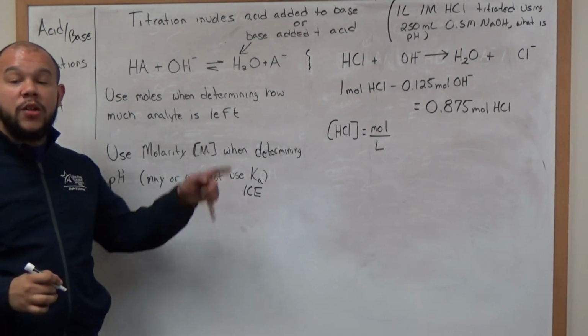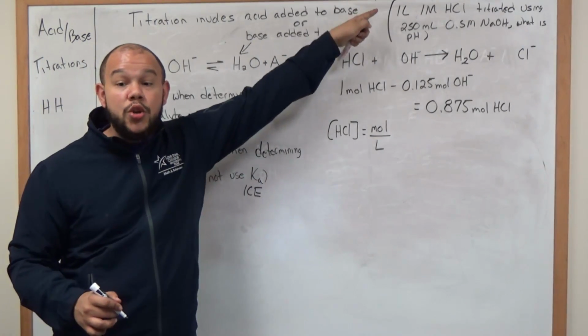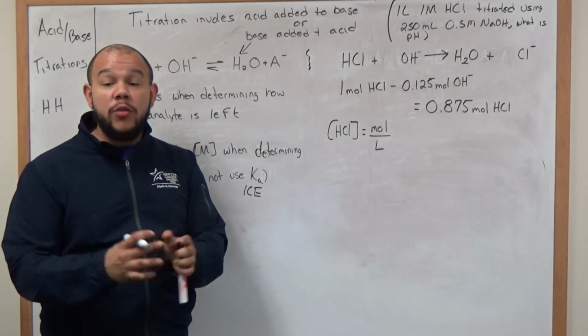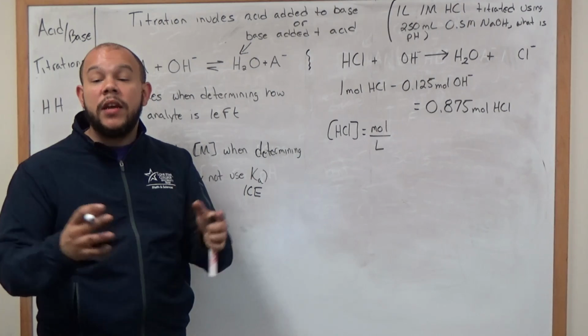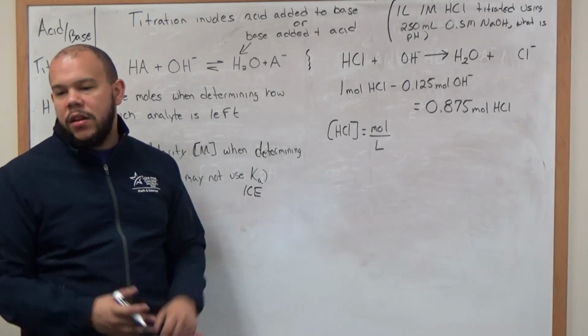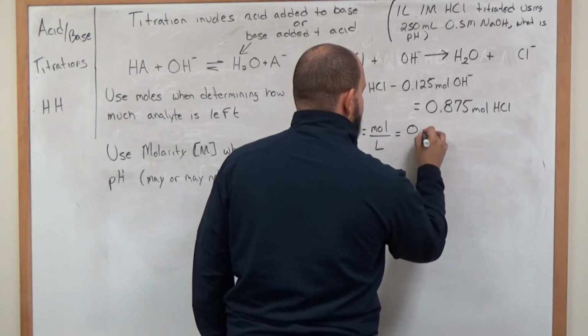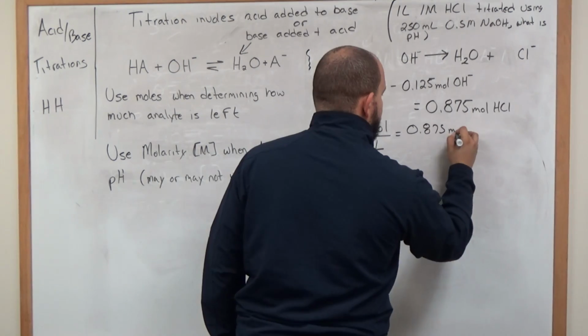Be very careful and make sure that you realize that now that you have added something to something, the volumes are additive. We must find the sum of those volumes, and then we can determine number of liters. So we know number of moles, 0.875 moles.